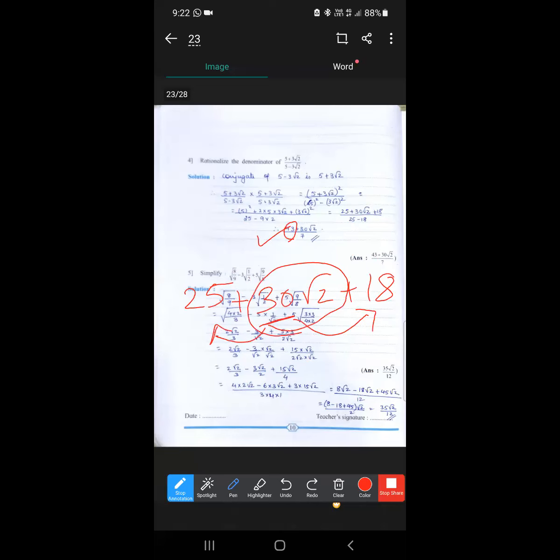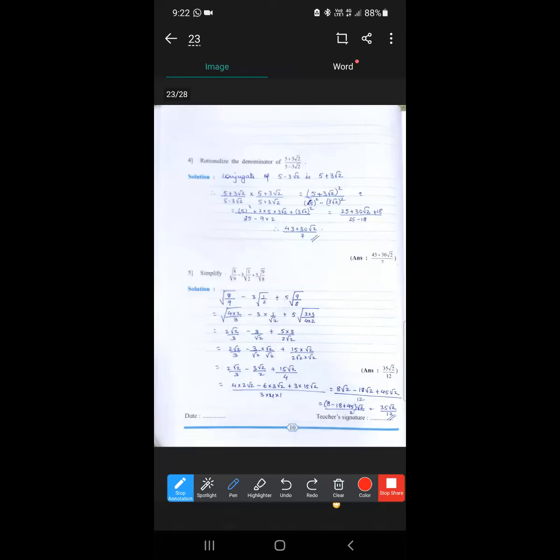This needs to be kept separately since it is a surd, and 25 and 18 are whole numbers, so we can add 25 plus 18. That is what? 43, and plus 30 root 2 as it is, upon 25 minus 18, which is 7. I hope the simplification part is clear.